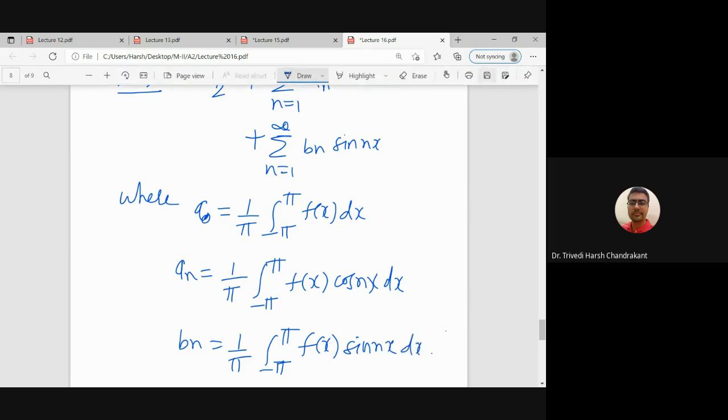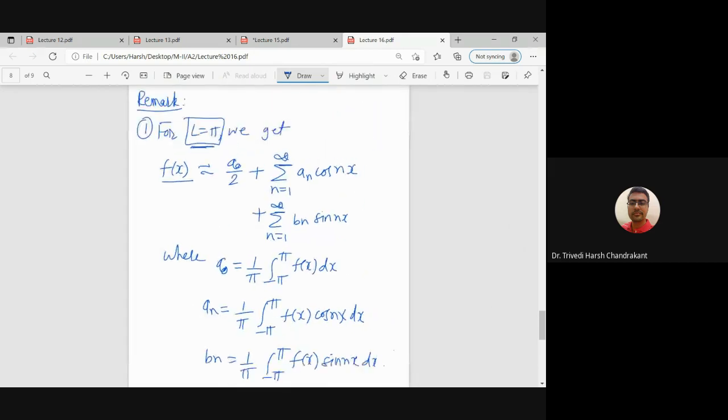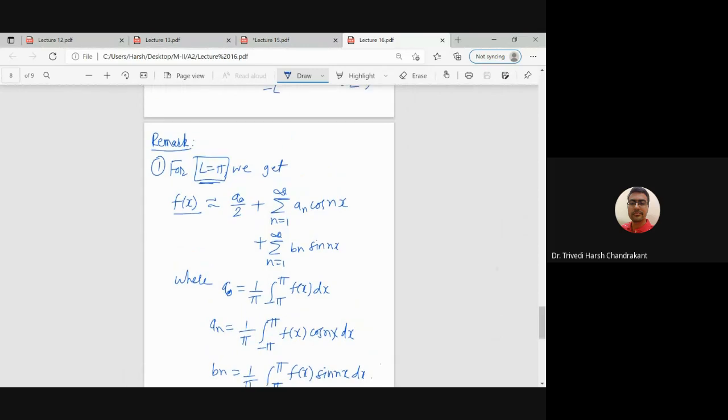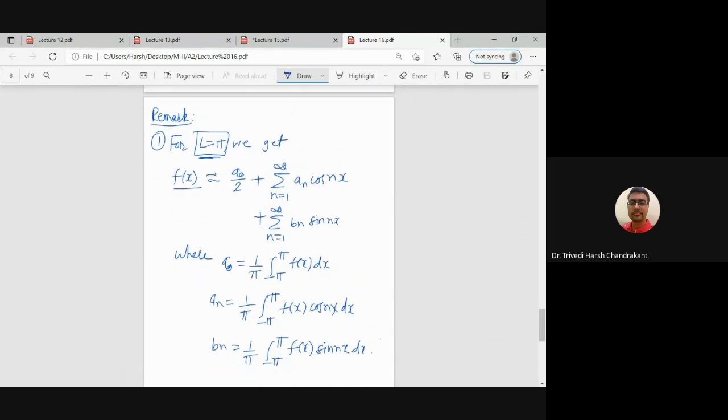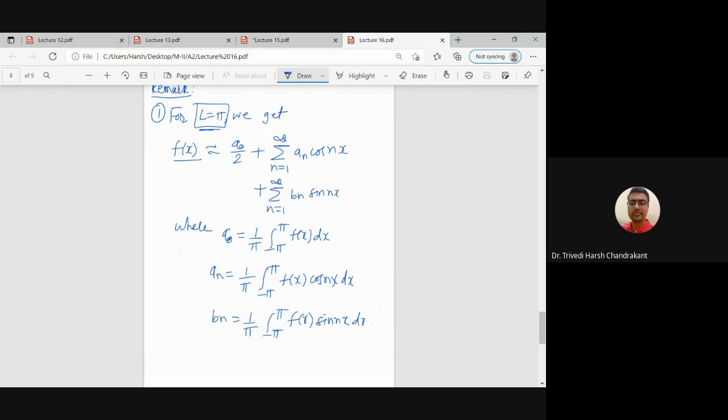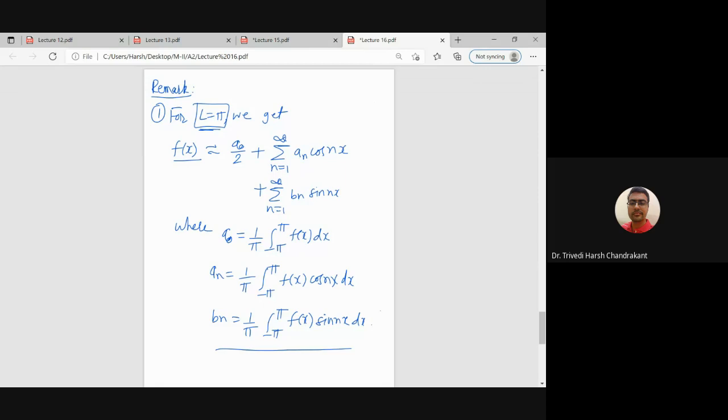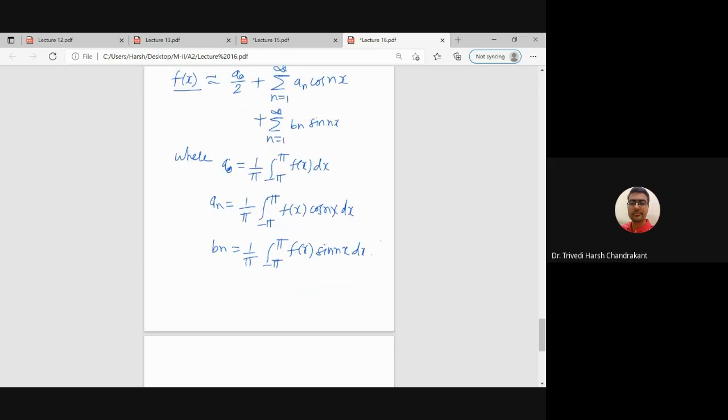So whenever the interval is given in the example, depending on the period of the given function, we will find the corresponding formula, and then substitute the f(x) function in that interval, and find out the Fourier series. So this is the first remark.